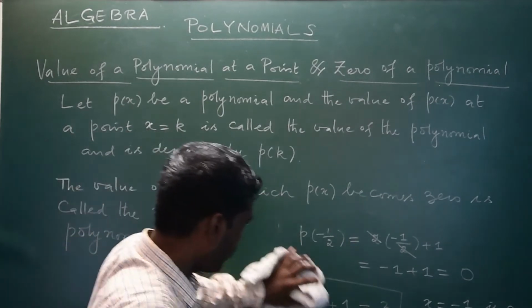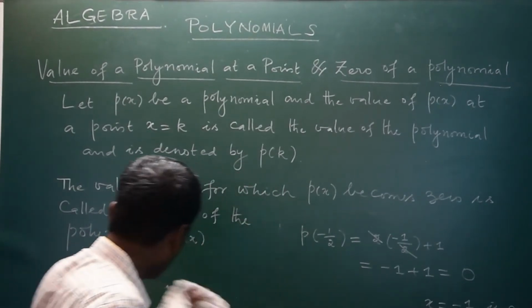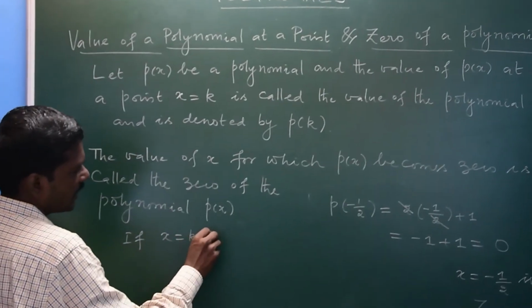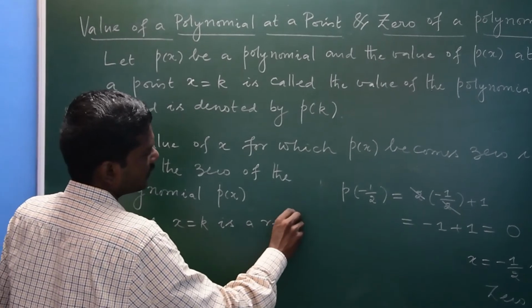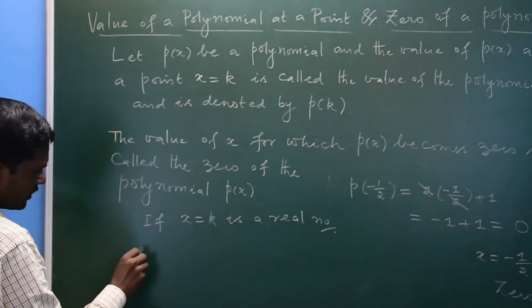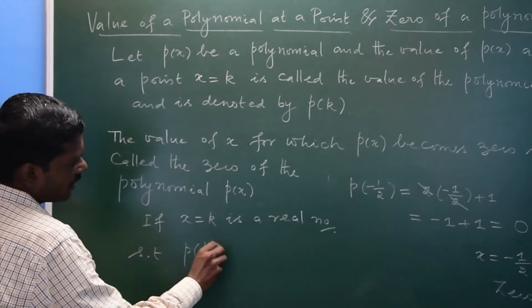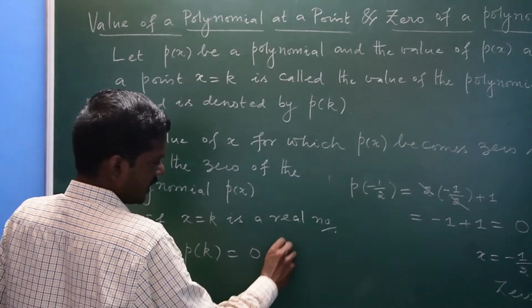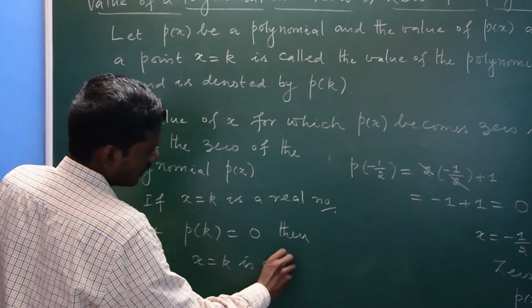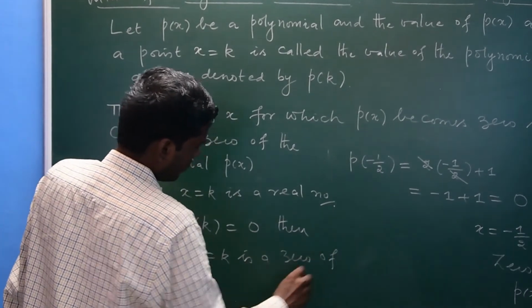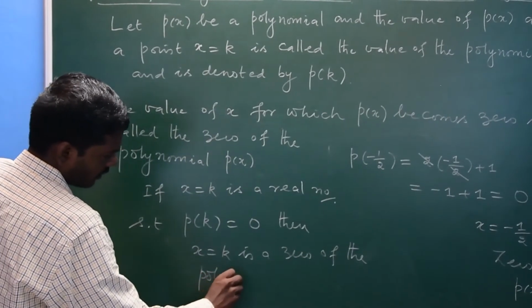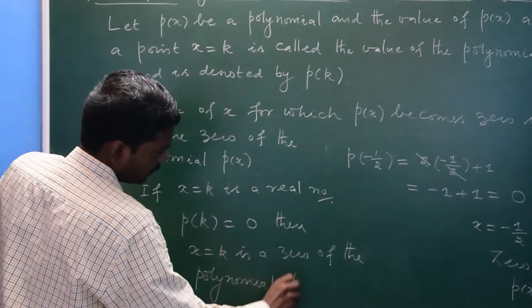That is, if x is equal to k is a real number such that p of k becomes 0, then x is equal to k is a 0 of the polynomial p of x.